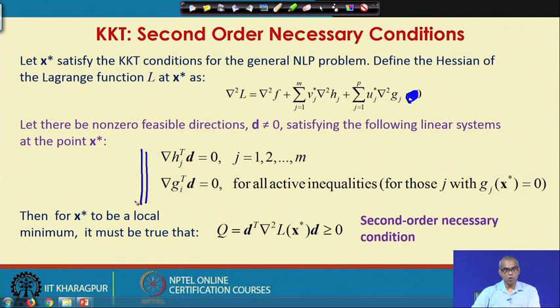Then for x star to be a local minimum, it must be true that the quadratic Q defined as d transpose times Hessian times d is greater than or equal to 0. This is the second order necessary condition. Again, this is the second order necessary condition. Satisfaction of these may lead to a local minimum, but it is not guaranteed yet.